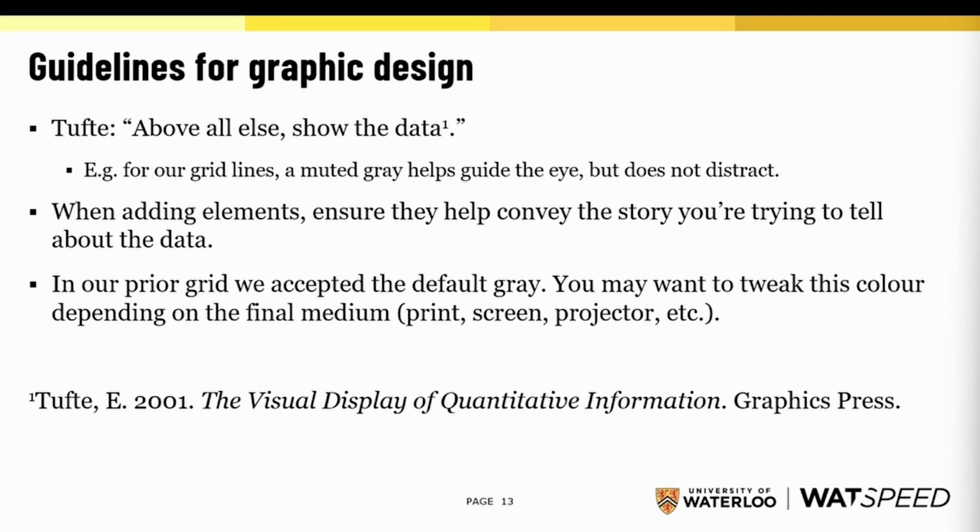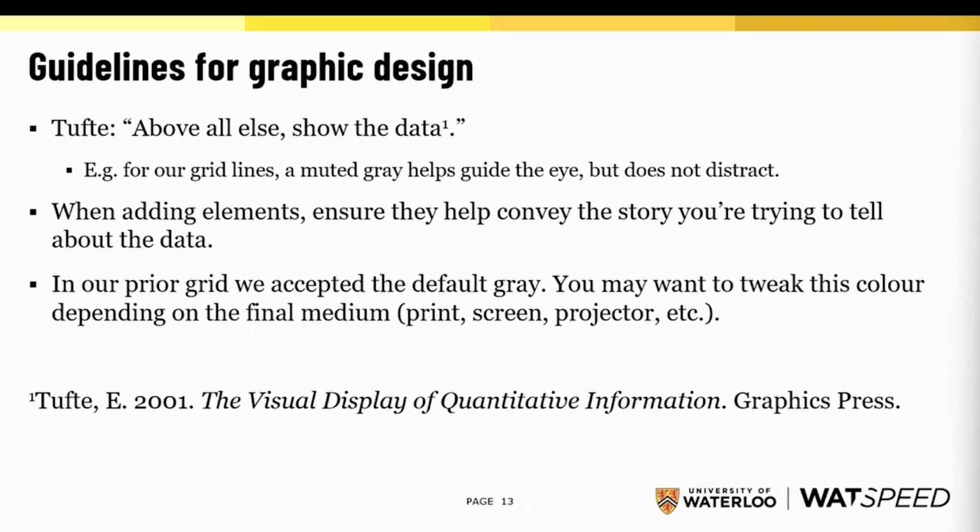In our previous grid, we accepted the default gray that we got. You might want to tweak this color depending on the final medium that your graphic will be displayed upon. For example, if you're displaying your visual on a projector in a room that has bright lights, you might need to make those grid lines darker in order for them to show up on the screen.